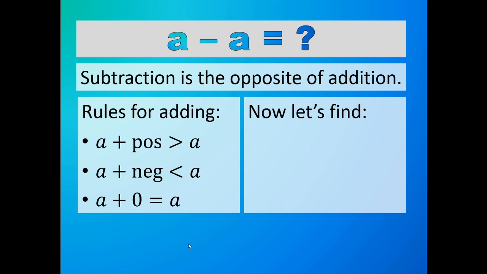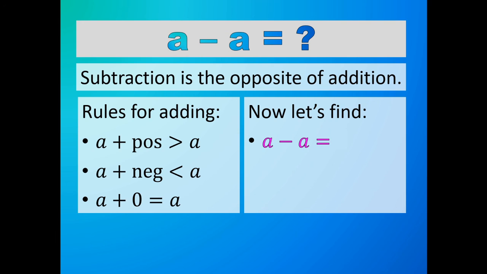Using these facts, now let's find any number minus that number. We cannot use the first bullet because we do not end up with A. We end up with a number greater than A. We cannot use the second bullet.